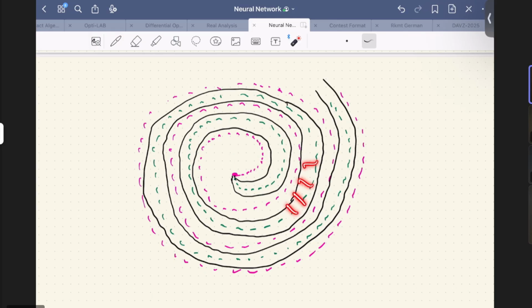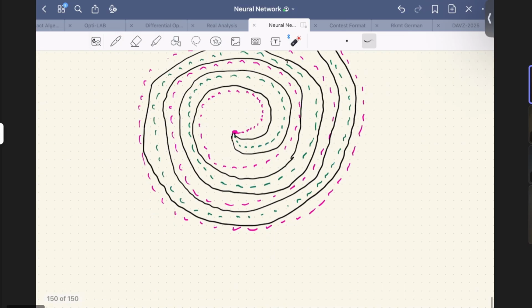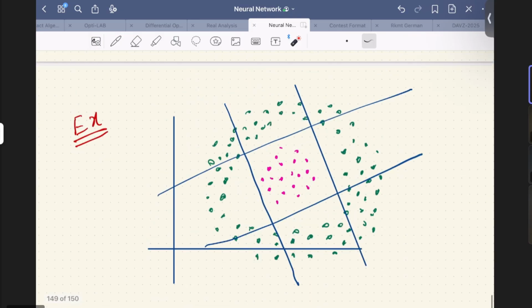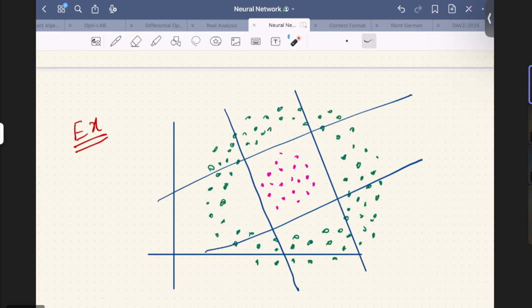So this one is the green region, you can shade it out, and this one is the pink region. So everything is separated out now. Okay, this complexity of problems we will discuss, like what actually the neural network is doing inside this classification.